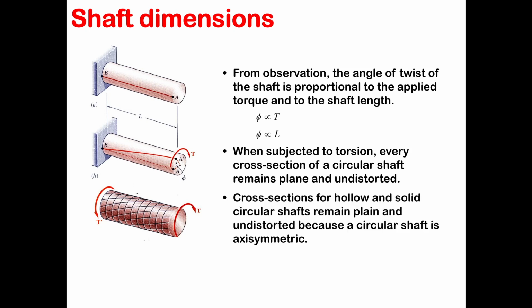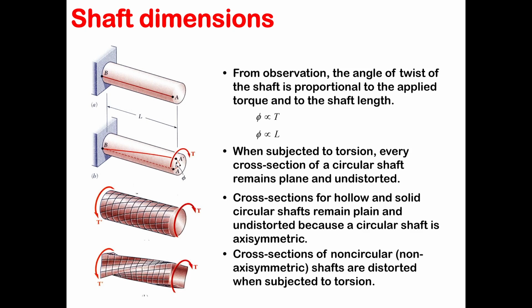The cross sections of hollow and solid circular shafts remain plane and undistorted because a circular shaft is axisymmetric, which essentially means that if you are not dealing with a circular shaft, you are going to have a distortion. You cannot assume that the cross section of a non-circular shaft is going to remain plane and undistorted.